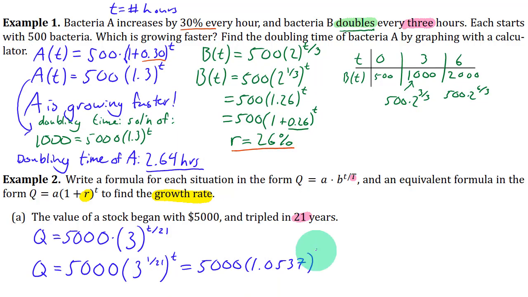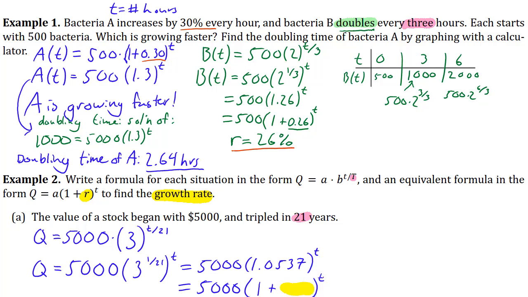So what is the growth rate? The growth rate needs to be written in this form. So right now we have it with the 1 point that, but instead of 1.0537, we want to write this as 1 plus something. And that something is the growth rate.